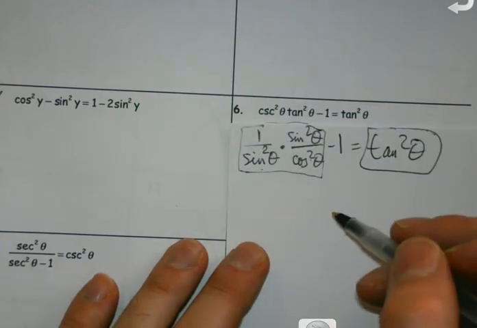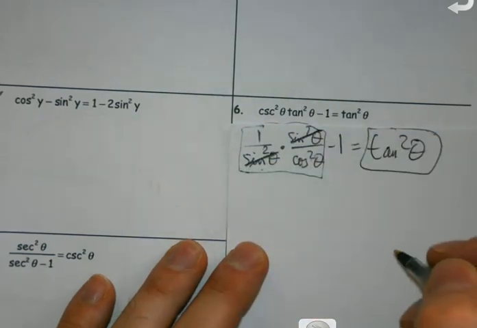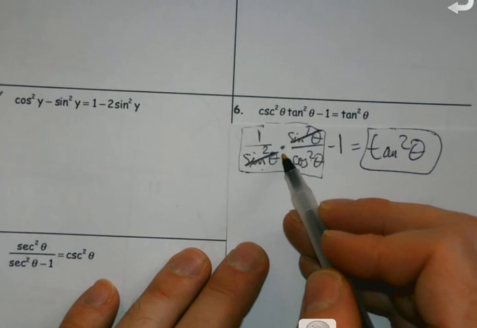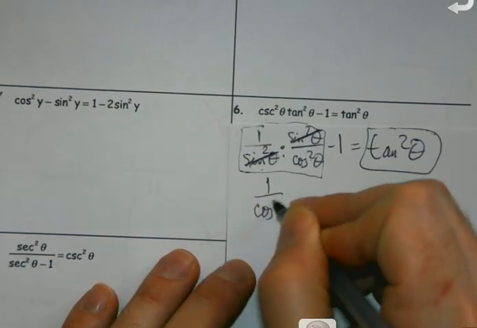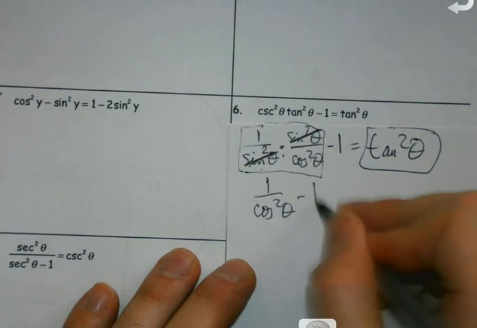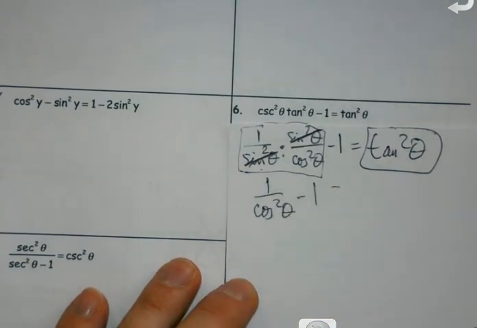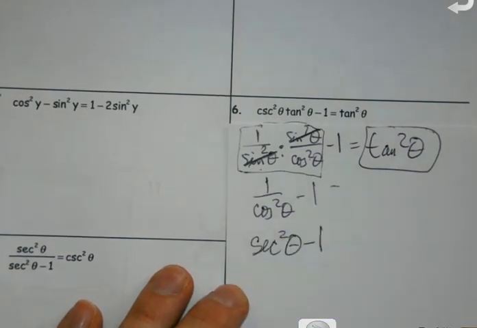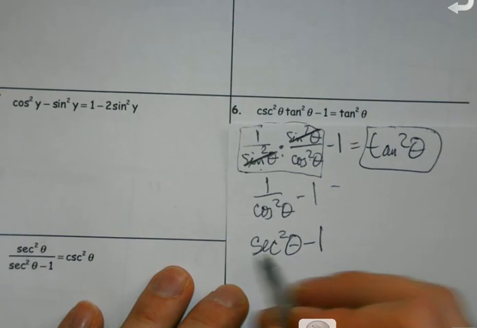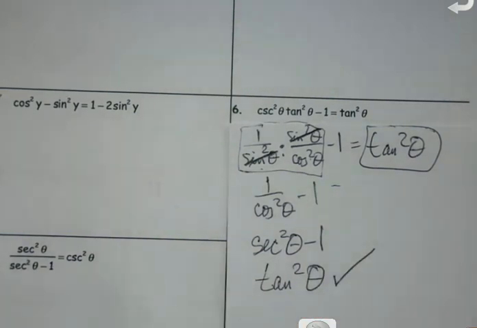Can I cancel anything? Sine squared. Those are being multiplied, I can cancel. This isn't a minus bond with these two, I'm multiplying, so I can cancel that. So I've got 1 minus cosine squared minus 1. What's 1 over cosine squared going to be? It's going to be secant squared. And secant squared minus 1.